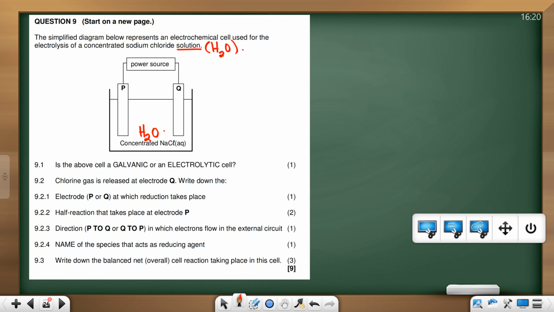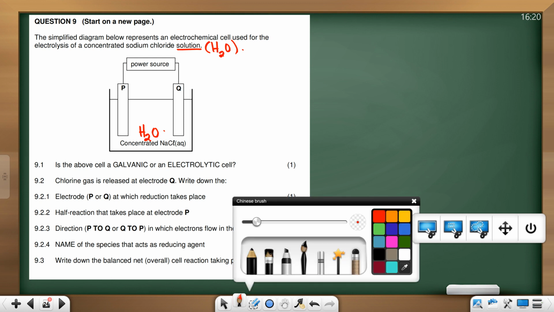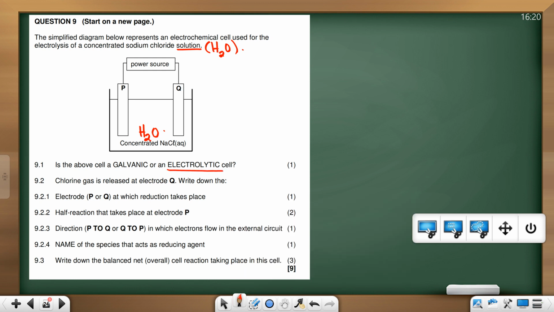Am I right? I know some people are laughing right now. Is it galvanic or electrolytic? I know that child will be the first one to laugh. I'm wrong. Sophie, am I wrong? It's electrolytic, thank you. What am I supposed to say?